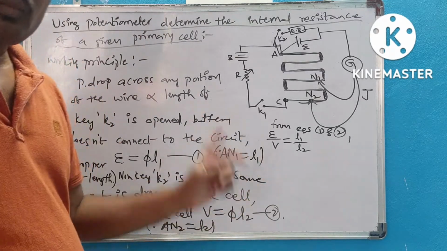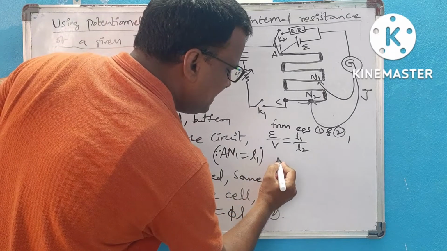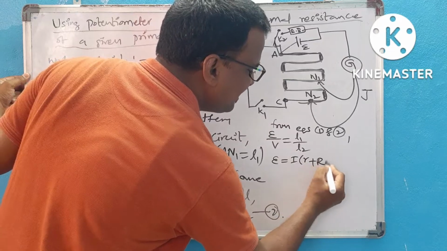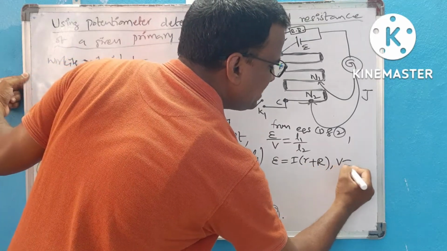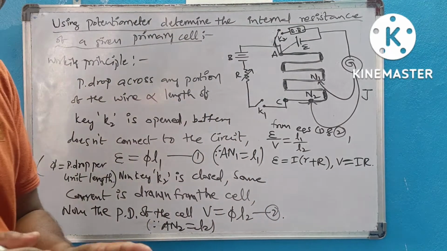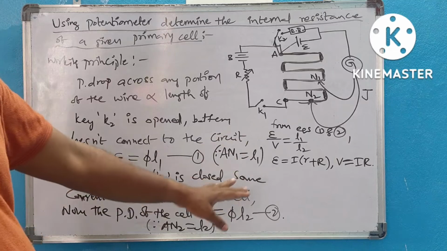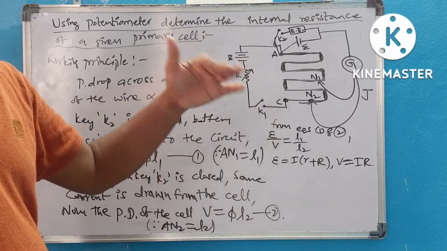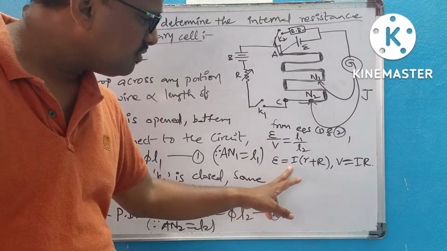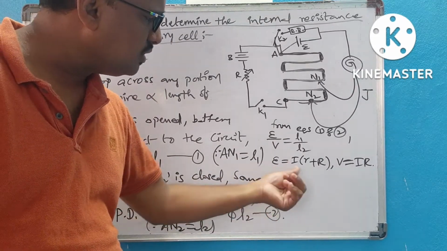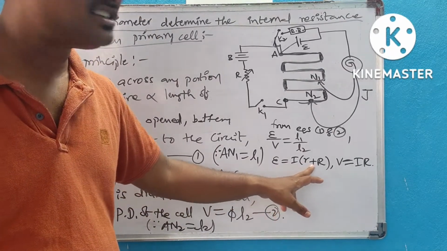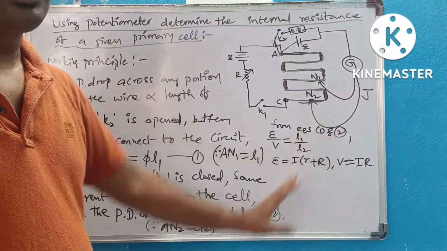But already we know that EMF equal to I of r plus R and V equal to IR. At the starting of this lesson on current electricity, the EMF is equal to current I into small r, internal resistance, plus capital R, external resistance.